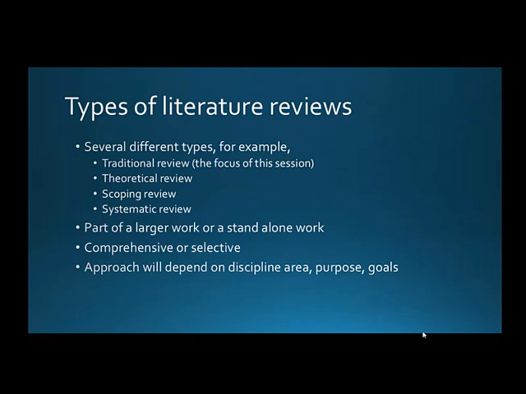So if you're writing a review article or it's the literature review that introduces your thesis, it's going to be very comprehensive. A selective literature review might be something that just forms sort of the introduction to an article that you're seeking to publish, so that provides contextual background on a smaller size piece of work.